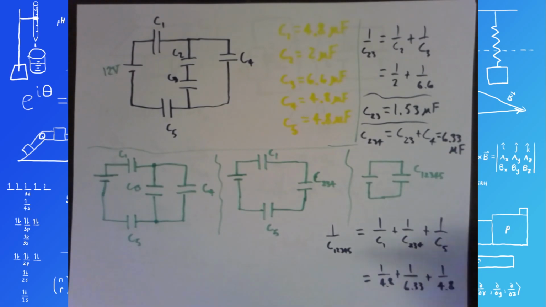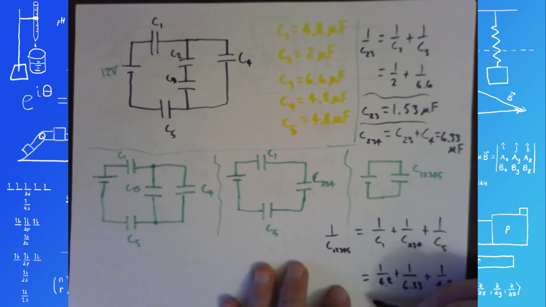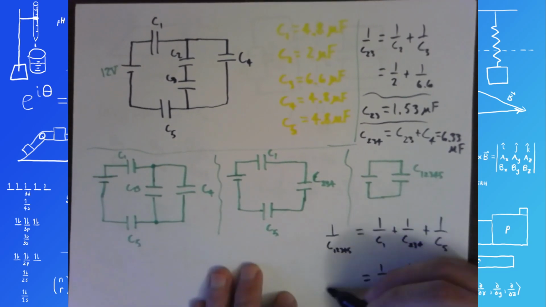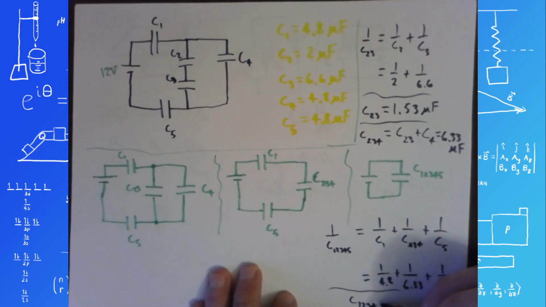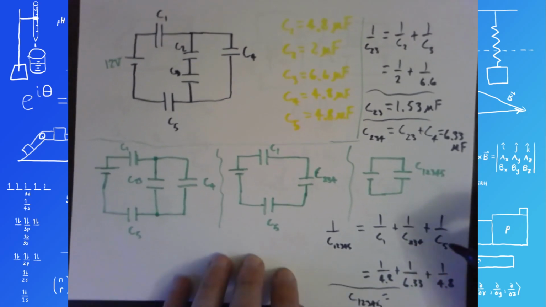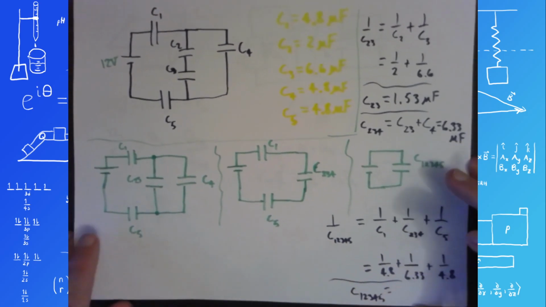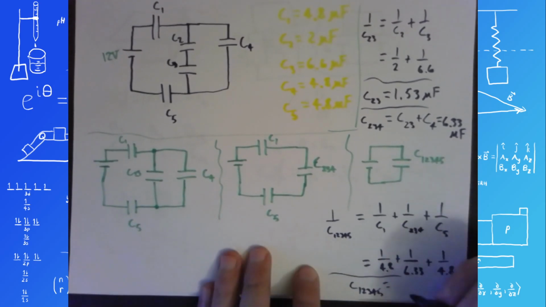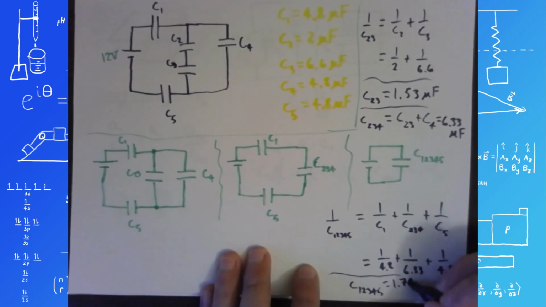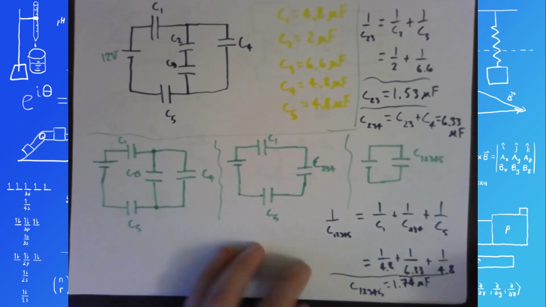So if I take the reciprocal of this sum, I get 1.74. So I get C1, 2, 3, 4, 5. Is that even visible on the screen? Is equal to 1.74 microfarads.